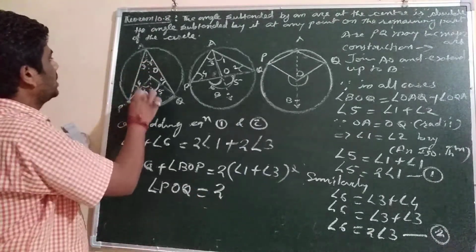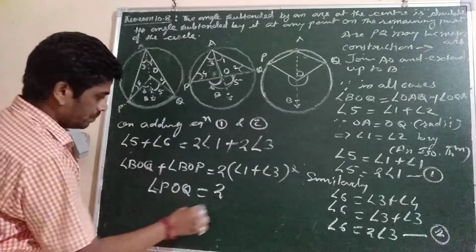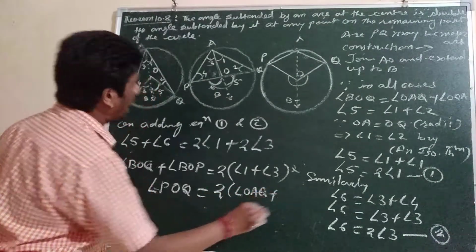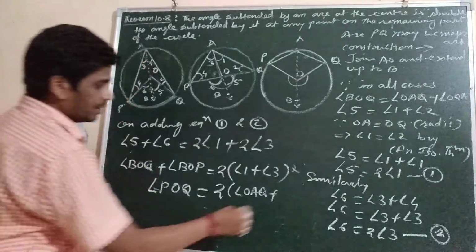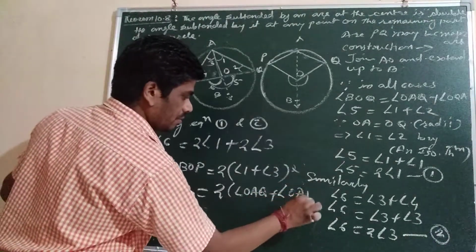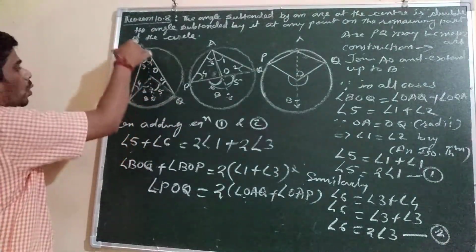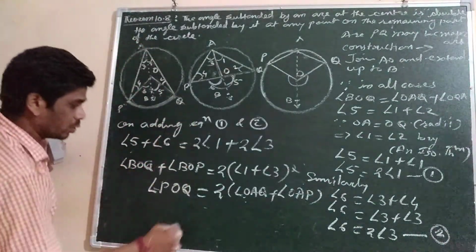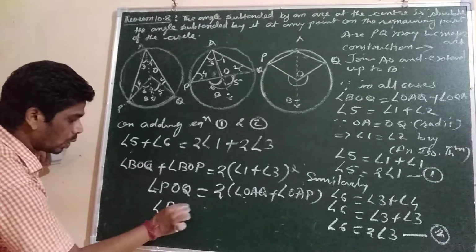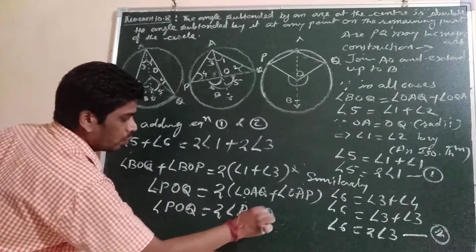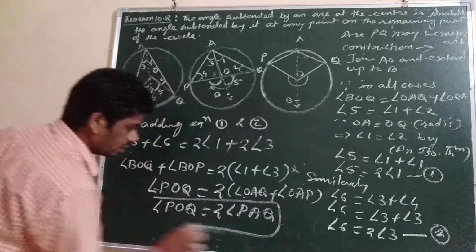So angle 1 means what? Angle OAQ, and angle 3 is angle OAP, which sum will be equal to PAQ. So angle POQ will be 2 times angle PAQ, which we had to prove here.